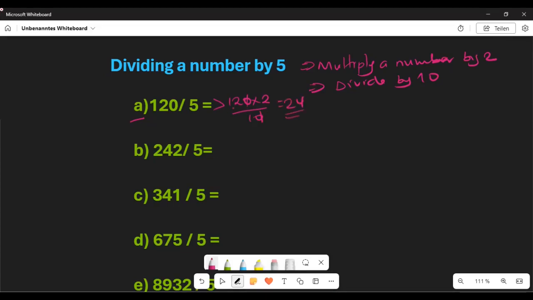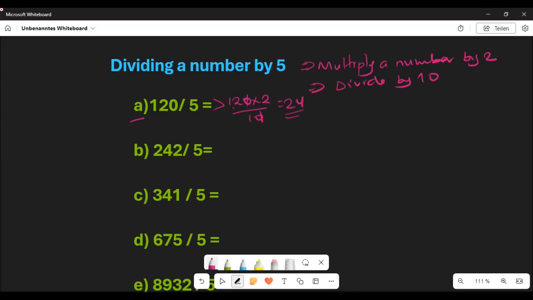This is something that promotes what we call mind calculation, like mind math. The idea is that every time you have numbers and you want to divide by 5, use the same two principles that we talked about, multiply by 2 and divide by 10. Easy, and that helps you to do your calculation very fast.